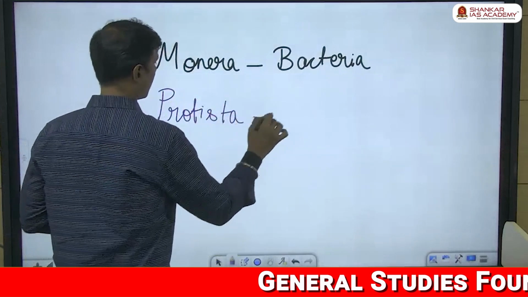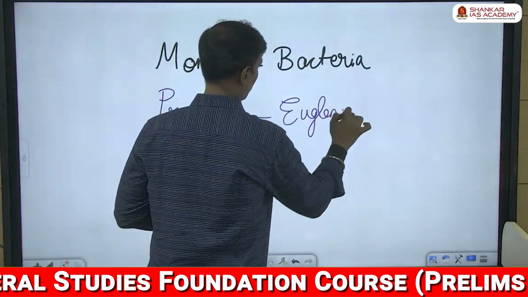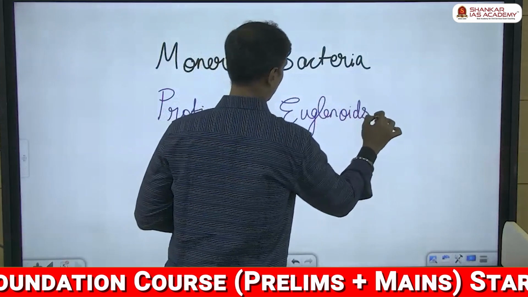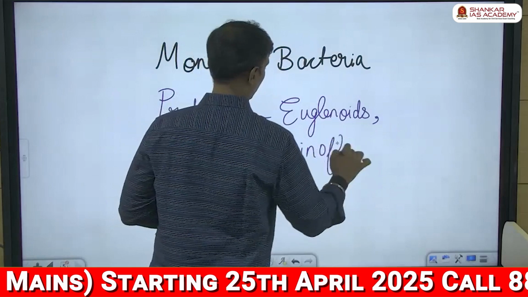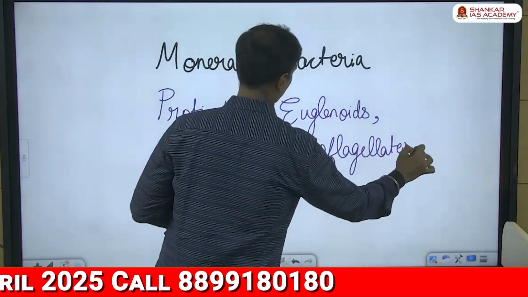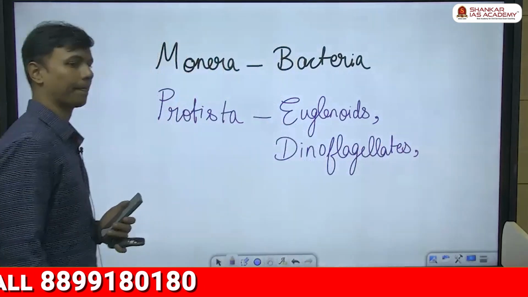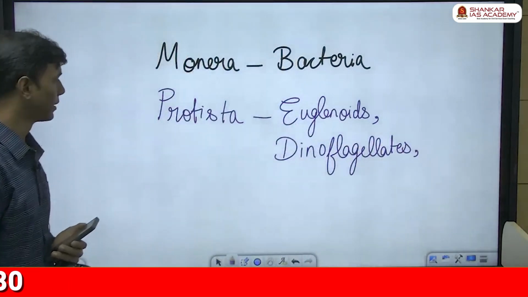Then the Protista kingdom, you can write euglenoids, dinoflagellates. All these are examples for Protista.